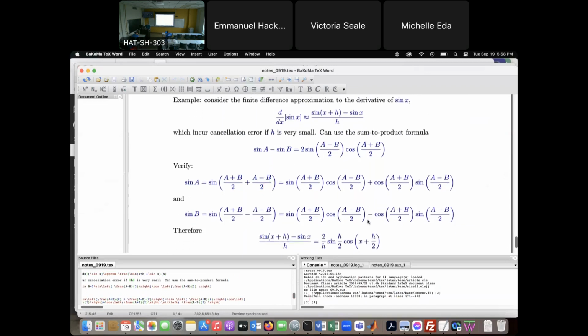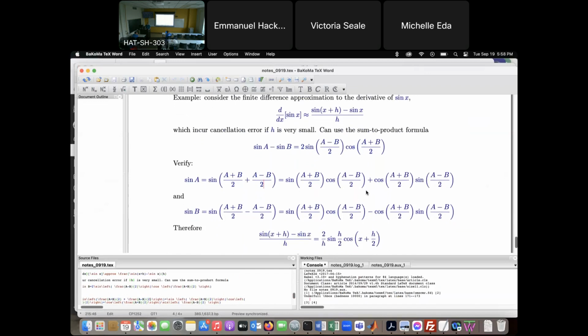Then I subtract these two, and I get this trig identity.